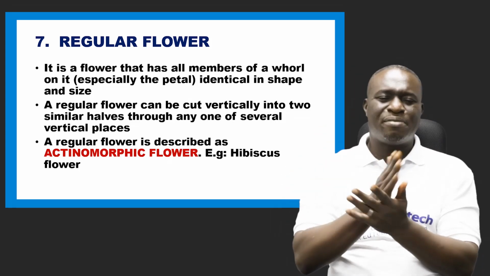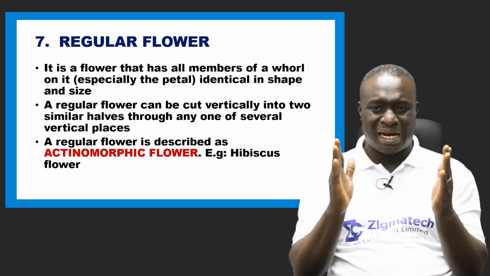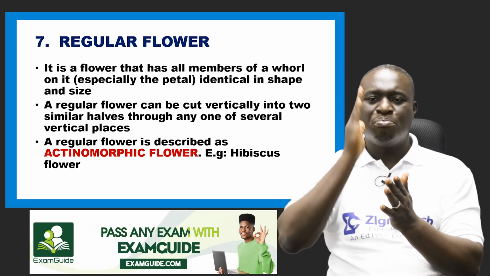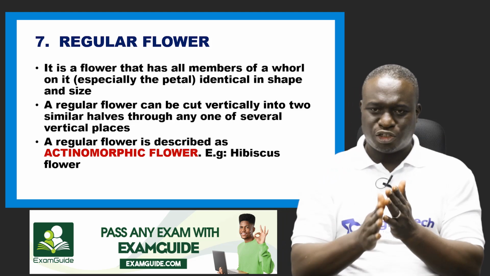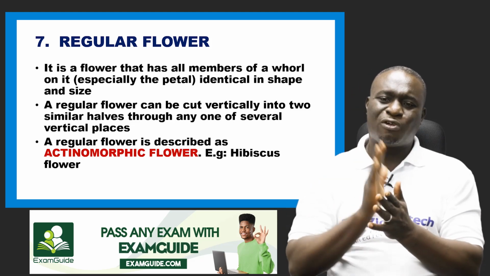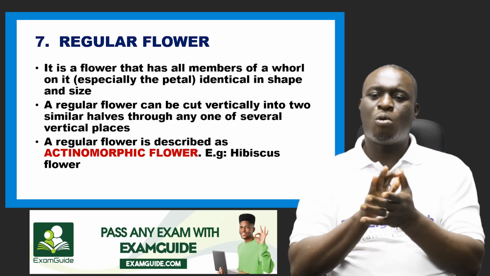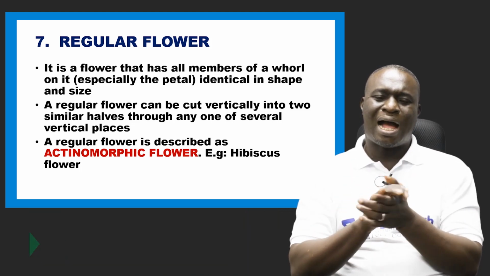So you can cut it into two similar halves wherever you are cutting it from, but it has to be a vertical sectioning. A regular flower can also be called an actinomorphic flower.